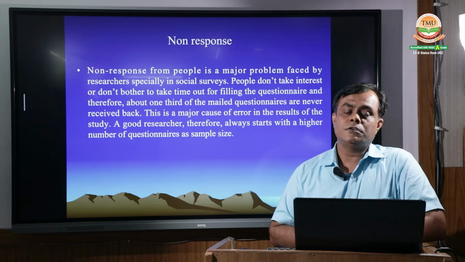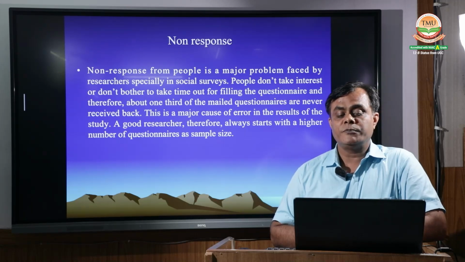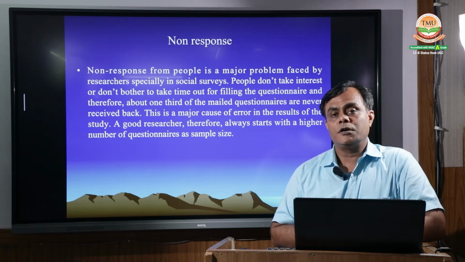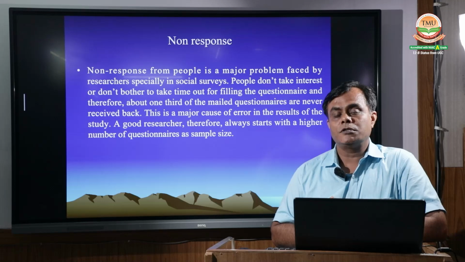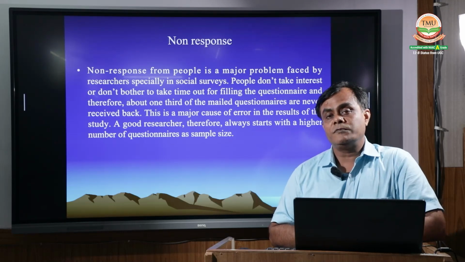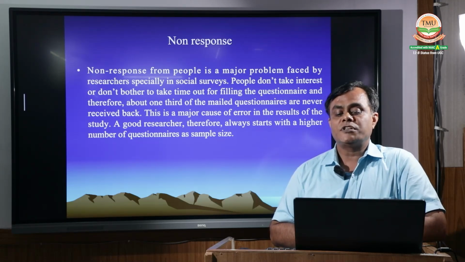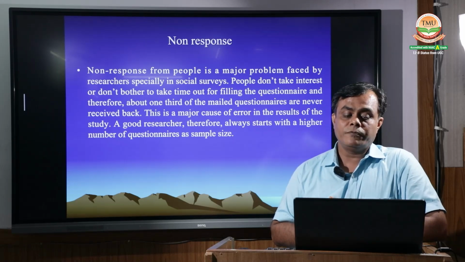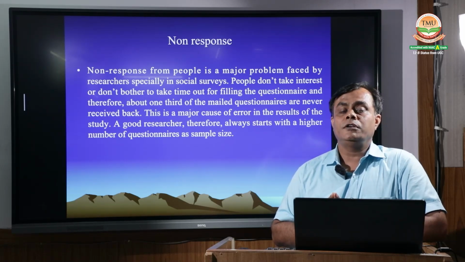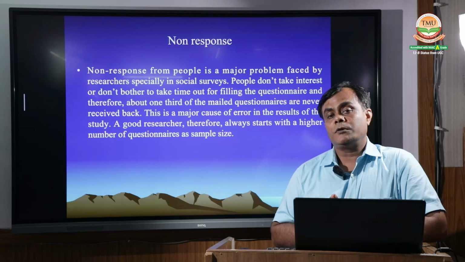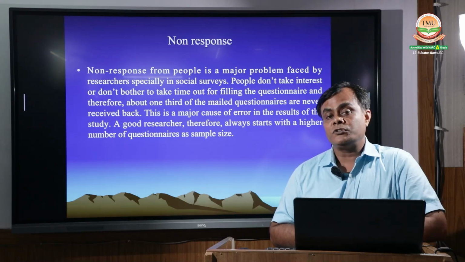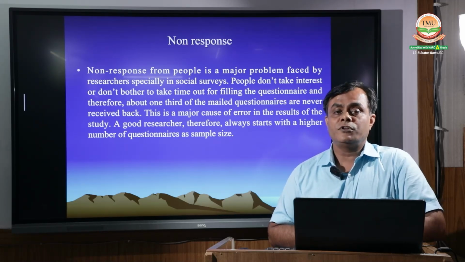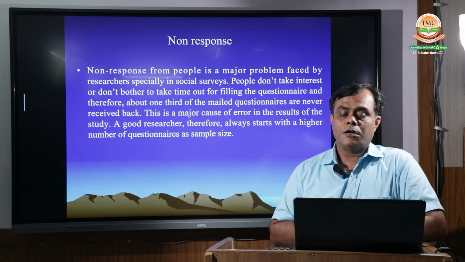Non-response error is a very complex problem for the researcher, interviewer or investigator, because society is not very sincere about research activity, and in a social survey most respondents do not give answers seriously.